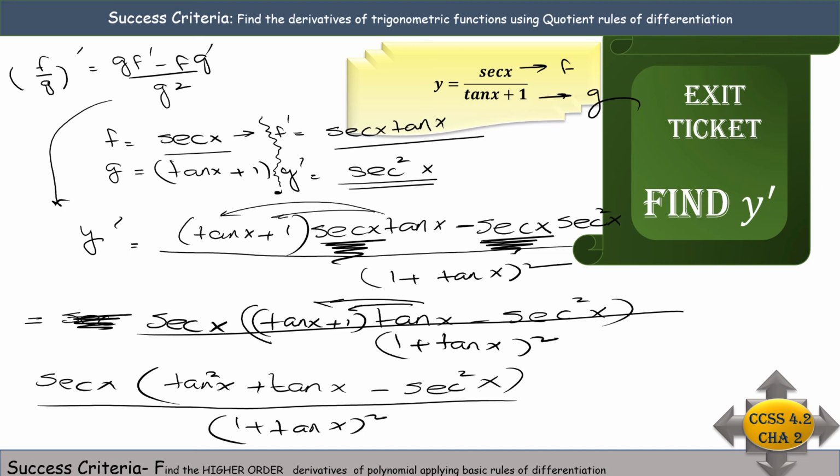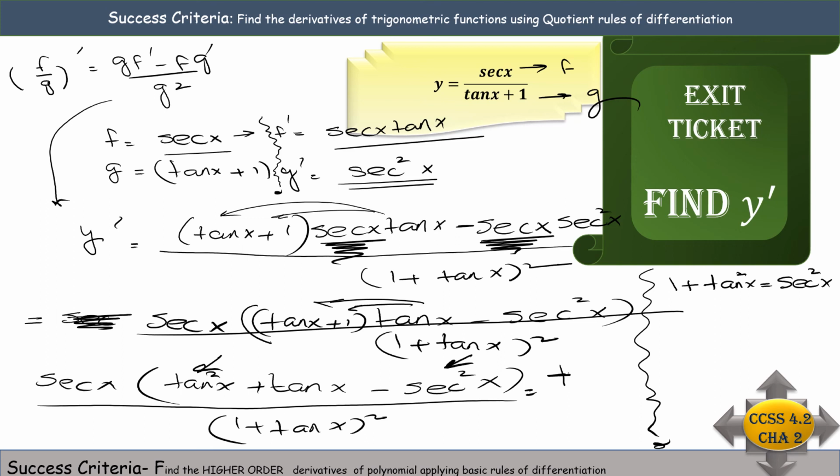Now let's see, can I apply the identity or not? I know that 1 plus 10 square x is equal to sec square x. And sec square x minus 10 square x is equal to 1. So I can take negative common for this part.